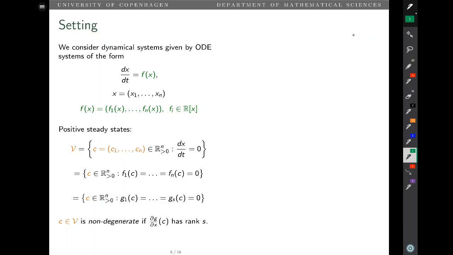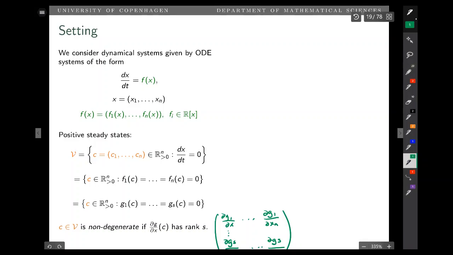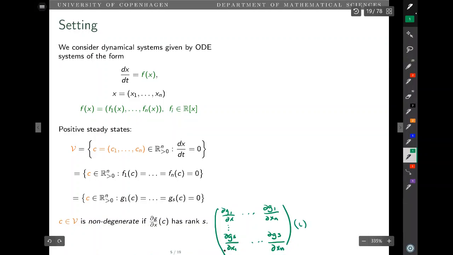So this is just the matrix of the partial derivatives of g_i with respect to x_j, an s times n matrix, that I will be evaluating at c. If the rank is maximal, then the steady state is non-degenerate. Otherwise, it's degenerate.